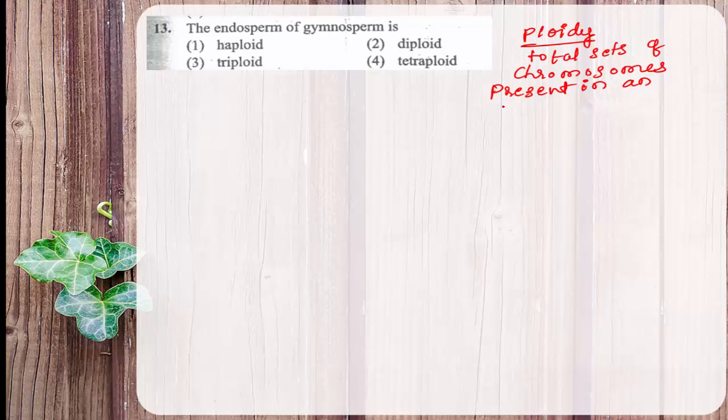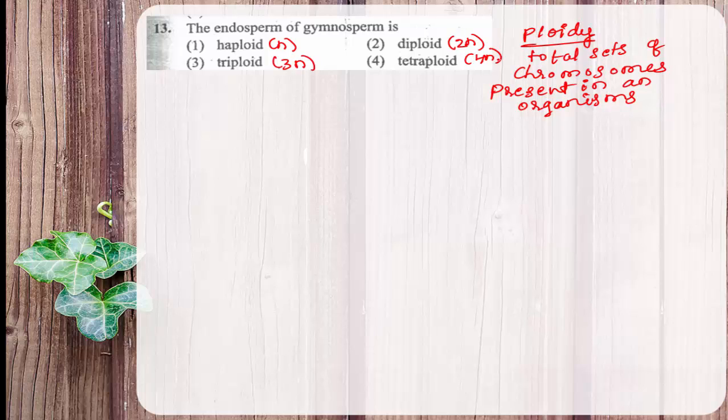If you go through the questions of NCERT after the completion of theory, there you will come across the term ploidy. What is the total number of chromosomes present in an organism? With respect to that, if single set is present, it is haploid represented by small n. If double set is present, represented by 2n. If triple sets are present, represented by 3n.